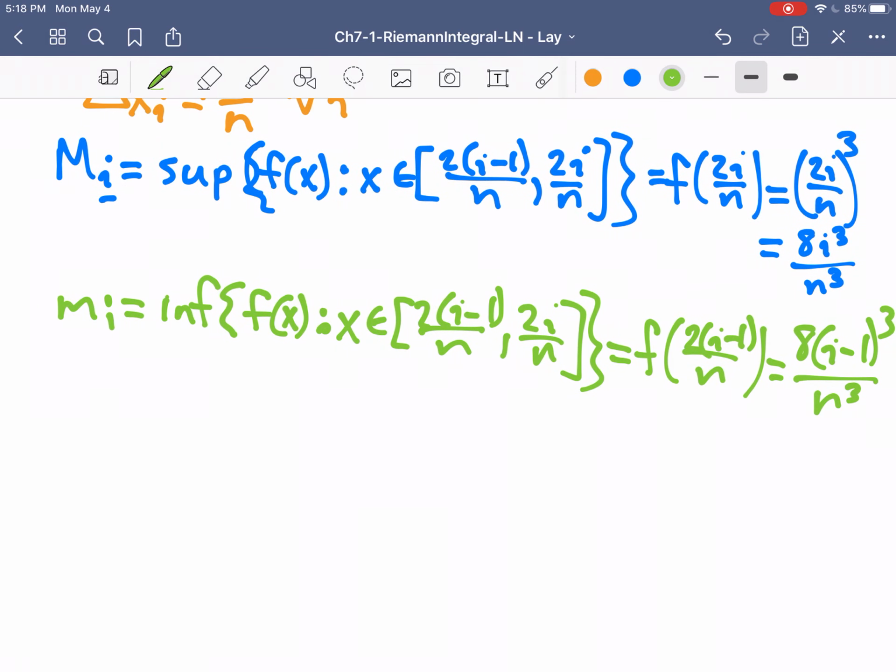And so then if we use those to try to identify our upper and lower sums, the upper sum of f associated with this partition P sub n is a sum I equals 1 through n. So we're going to add up over all of those I subintervals.